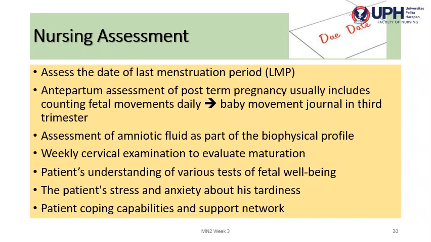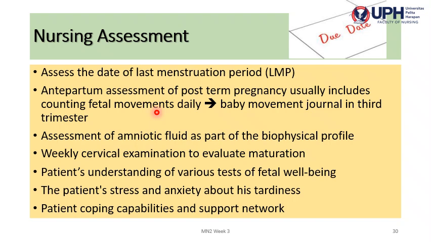For the nursing assessment on postterm pregnancy, we have to assess the date of the last menstrual period as well. We make sure that the antepartum assessment, especially of fetal movement, is done properly. So we ask the mother to keep a baby movement journal, starting in the third trimester.